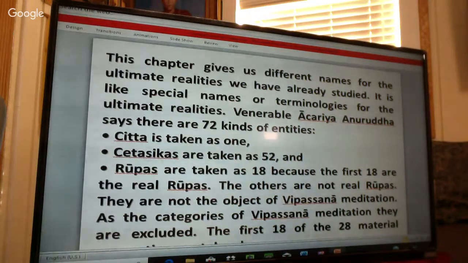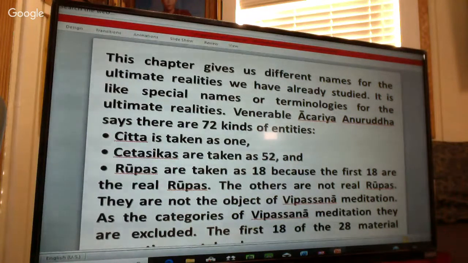So that's why we count the mental factors as 52. We need to understand like that.